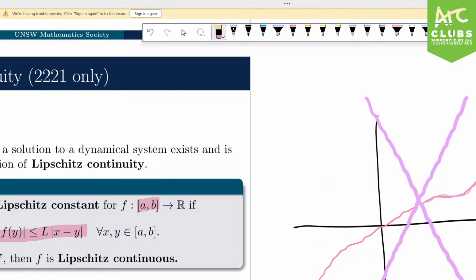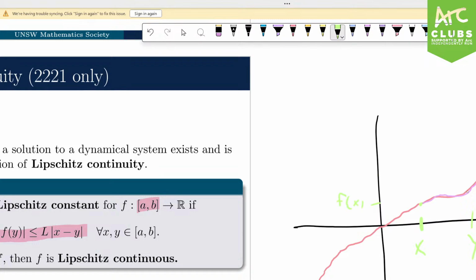Because in essence what it's saying is that if we take some point, and I'll make this a bit small, this will be f of x, this will be f of y, then rearranging gives us this. And really the expression on the left-hand side is just like the gradient.